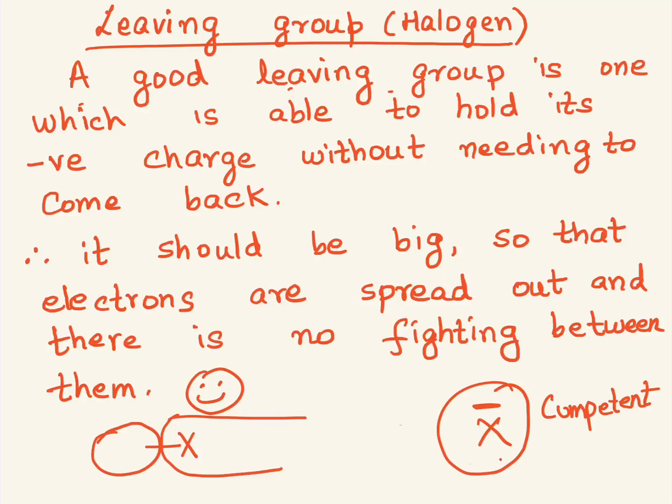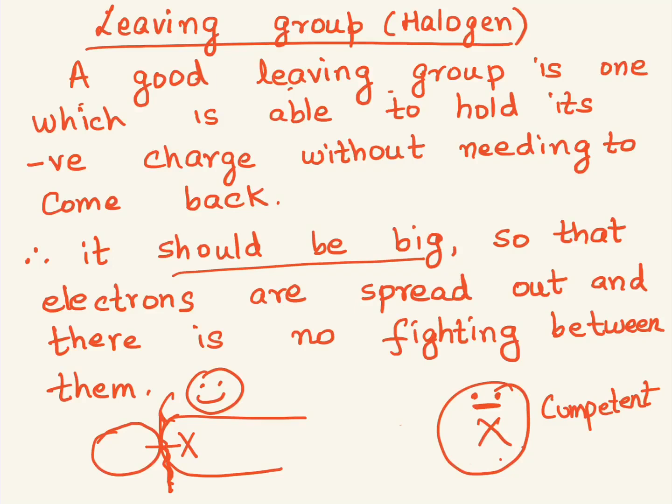In other words, our halogen atom should be big enough so that it can spread out the electrons that it will acquire as part of the severance of the bond between the carbon and the halogen.